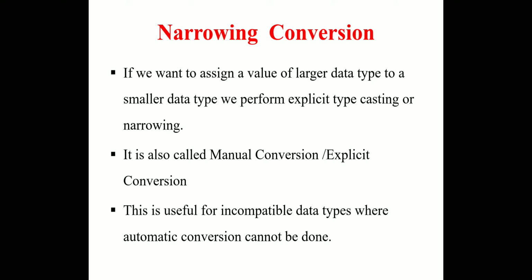If it is converted like that, then we call that automatic conversion. If we are going to convert a large data type to a smaller data type, it means we are going to assign a long value to a byte value. Then a narrowing or manual conversion will happen.